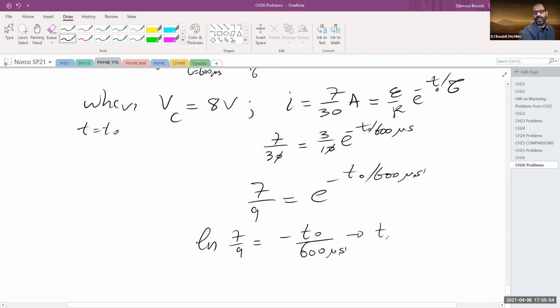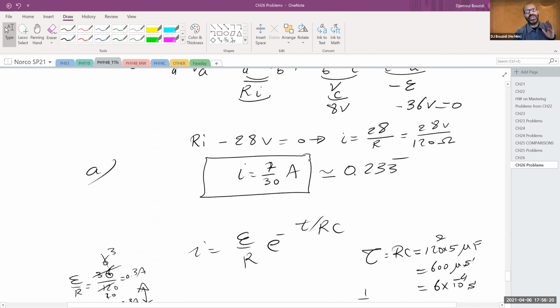And from here, it gives me an equation for T naught equals negative 600 microseconds times the natural log of 7/9. 7/9 is less than 1, which means that its natural log is negative; times the negative, it's going to be exactly positive. And we need something to happen in the future, because after all, at T equal to 0, we close the switch.